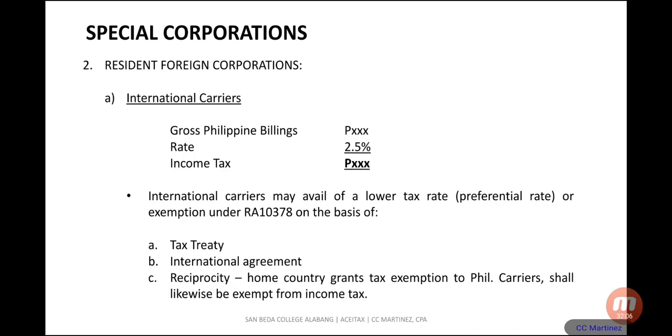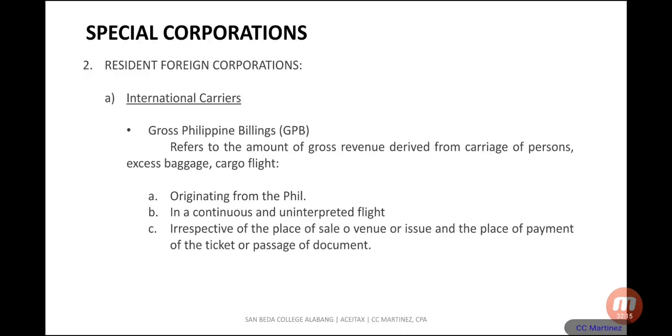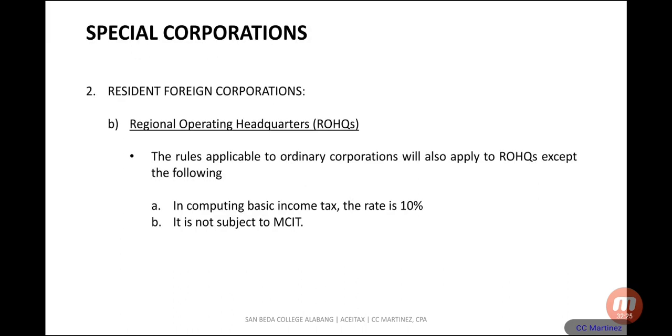So, for the resident foreign corporations naman, we have international carriers. May mga special tax rate lang siya na ginagamit, kaya siya tinawag na special corporations. And yung tinatawag natin na regional operating headquarters.